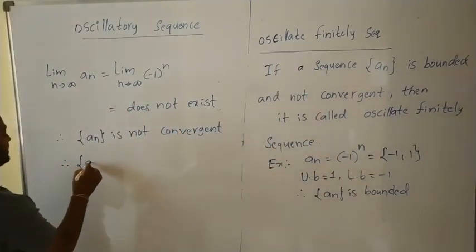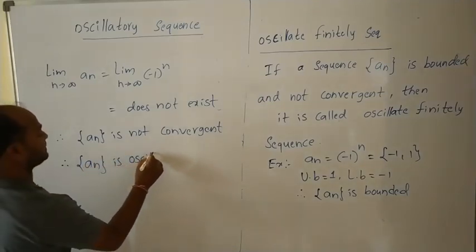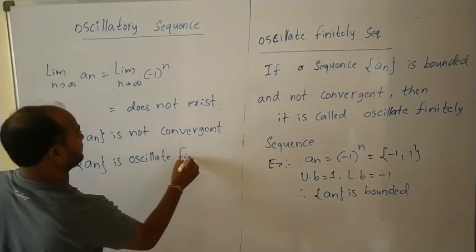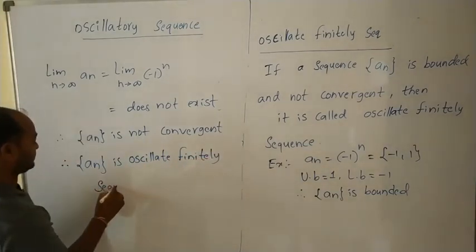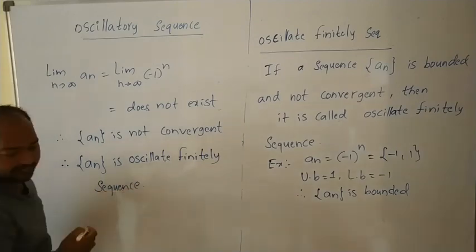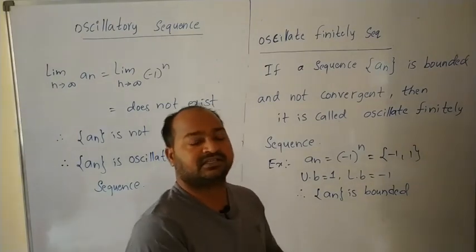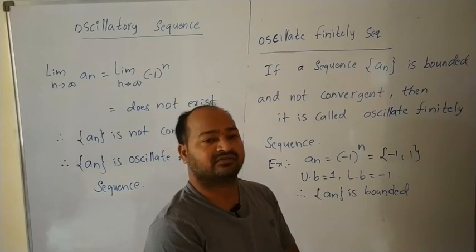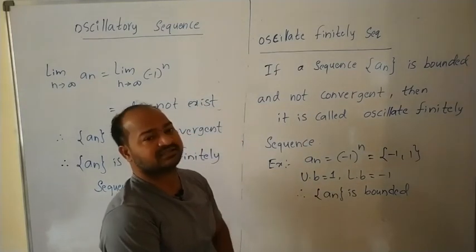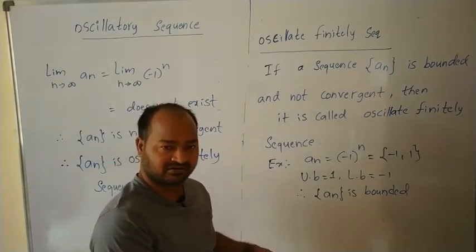An oscillate finitely sequence is a bounded sequence which is not convergent.